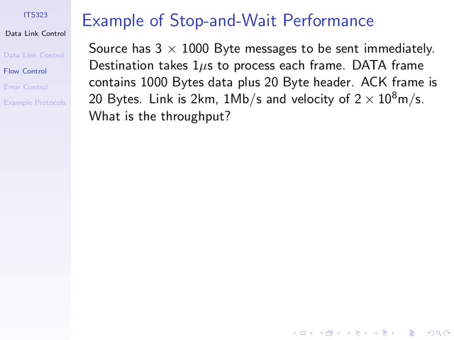Distance divided by speed, which is 1 by 10 to the minus 5 seconds, which is 10 microseconds. So the propagation time of a signal across our link is 10 microseconds.